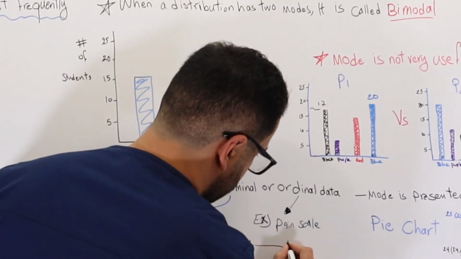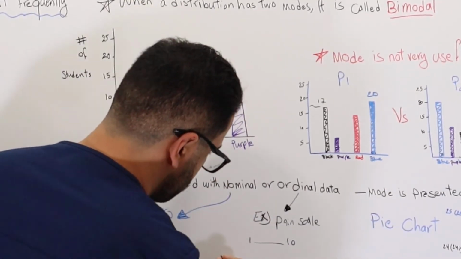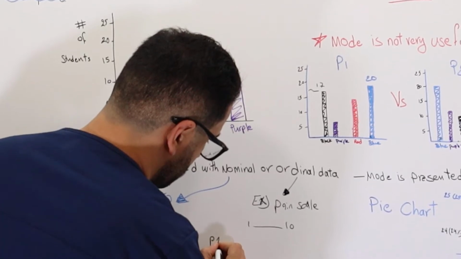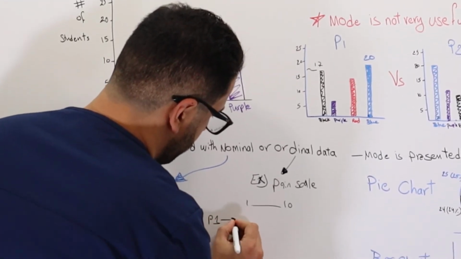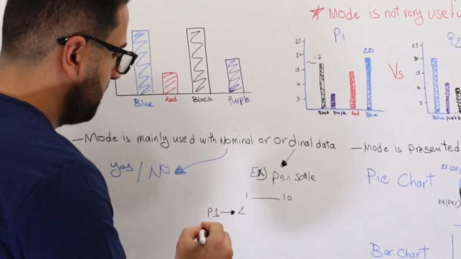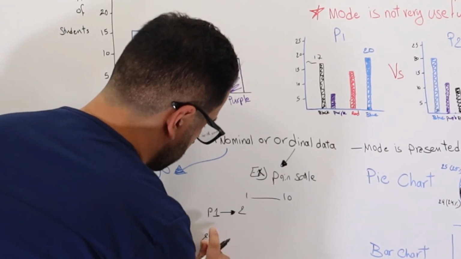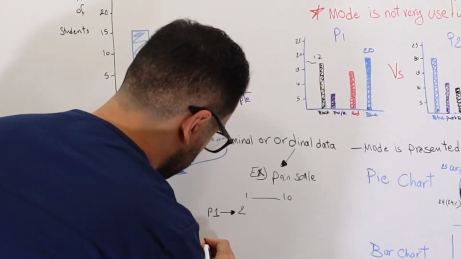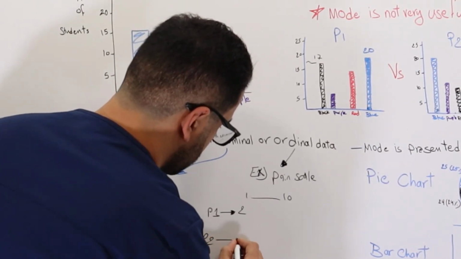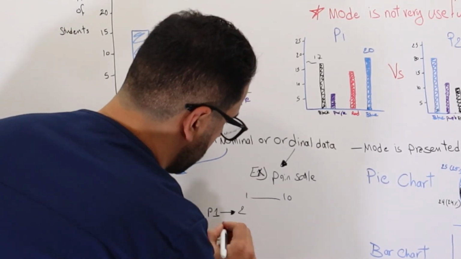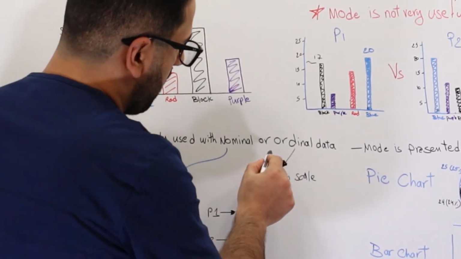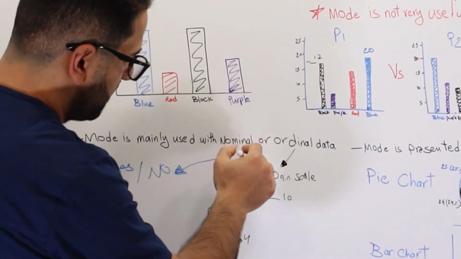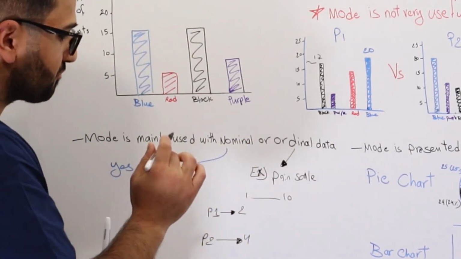Patient number 1 says, my pain is 2 out of 10. Patient number 2 says, my pain is 4 out of 10. Over here, it's in order. We're going from 1 to 10.